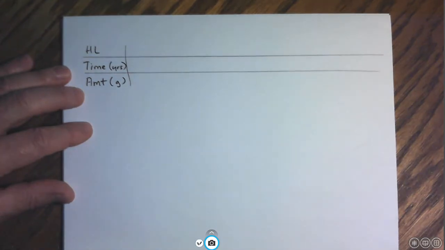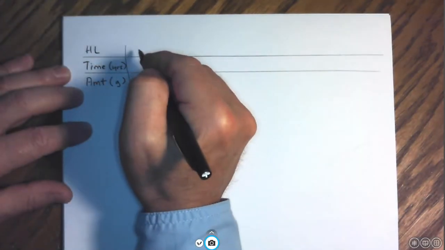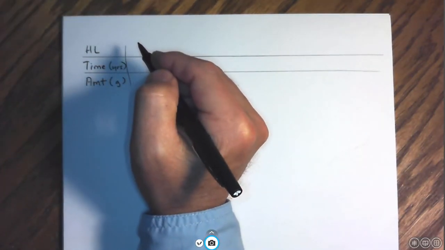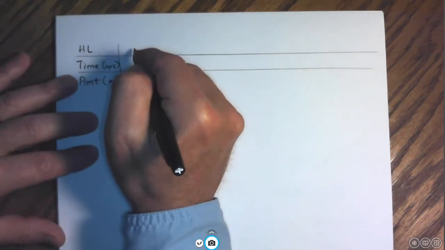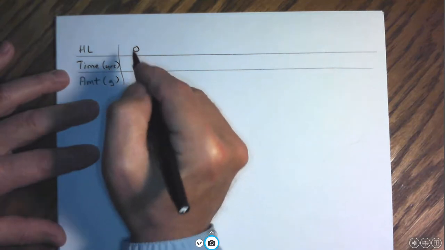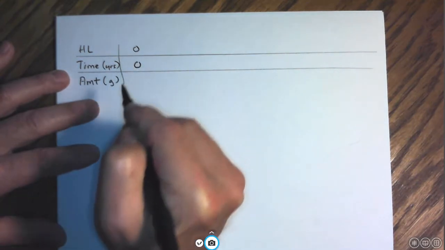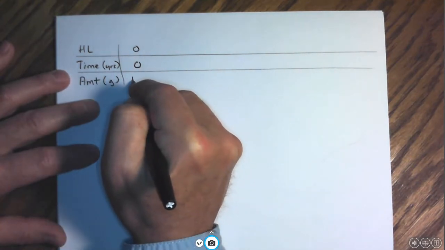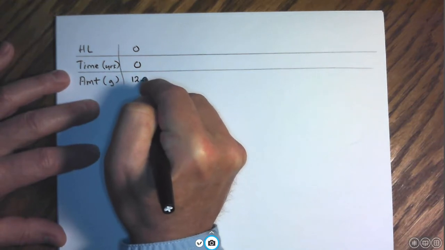Okay, all right, so in the very beginning, no half-lives have passed, so we've got 0, and no time has passed. And the amount we're starting with is 12 grams, and it's 12.00.